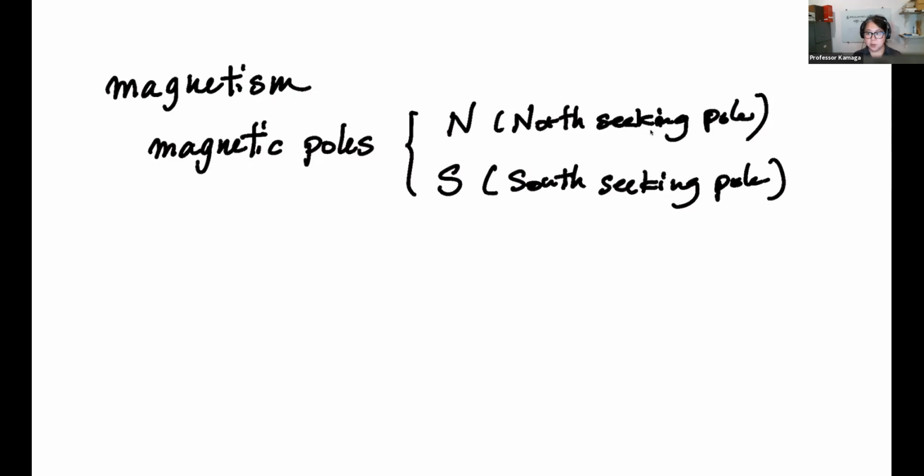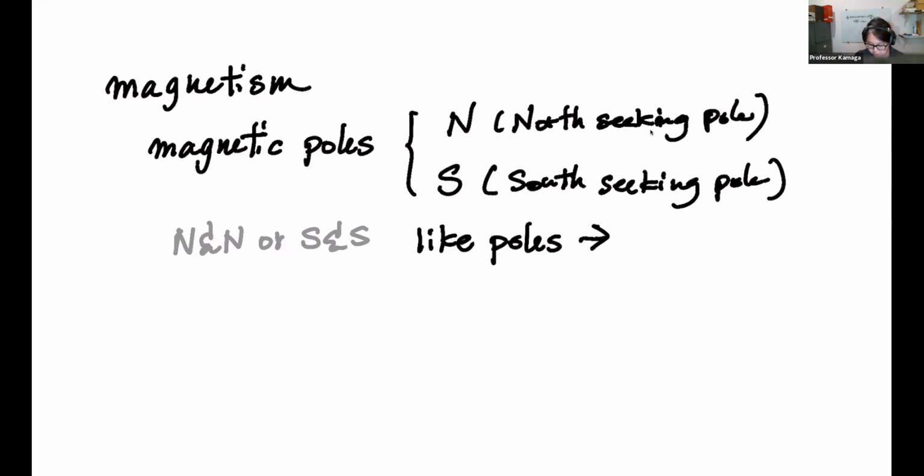And very similar to electric force, with magnetic force, when you have like poles, such as N and N, or S and S, they repel.